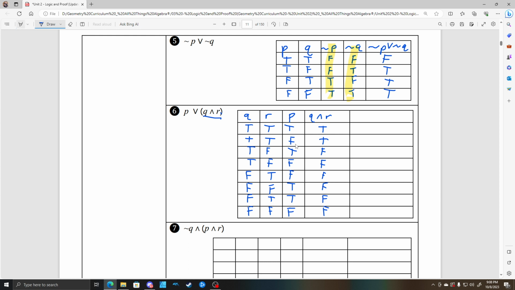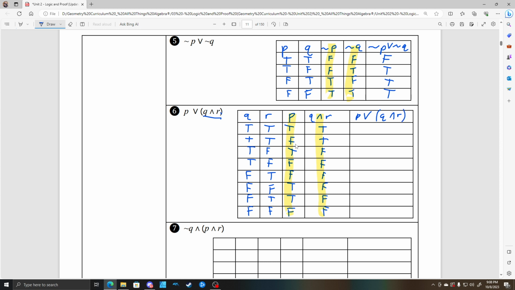So what we're going to do is our conclusion is going to be this category, right, for P. But then we're also looking at the category for Q and R. So we're going to take this category, and we're going to take the OR of those 2 categories. So all we're going to do is come over here. We're going to have P or Q and R. And we're just going to go down the list, right?